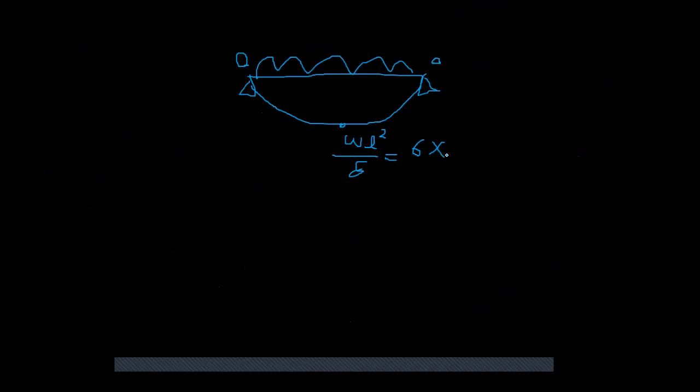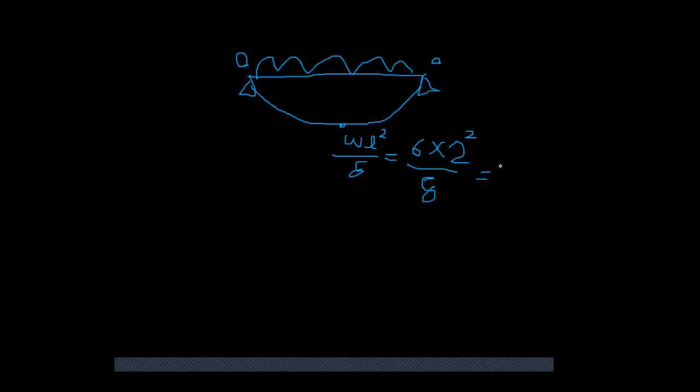BC, I can separate it like this. So it's going to be like this. If it is simply supported, at the ends it's 0. And this is going to be WL squared over 8. And what's that? 6 into L is 2.